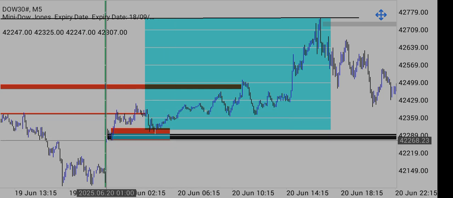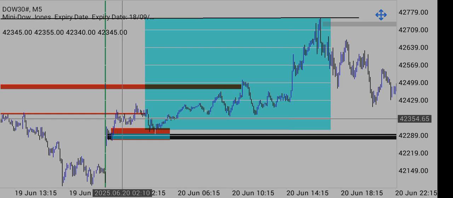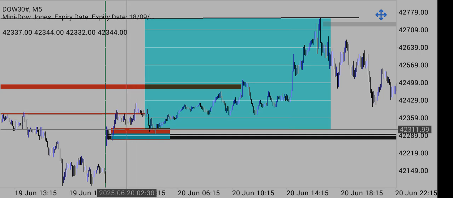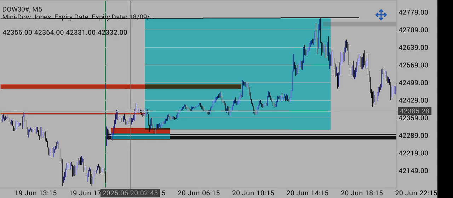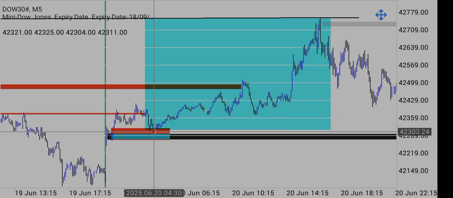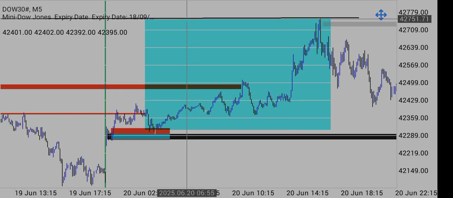Okay, we take the buy side liquidity, also the sell side liquidity. This is where sell side liquidity is existing. This was a buy side liquidity. Price taps the FVG and then rallies up to the previous day high liquidity.